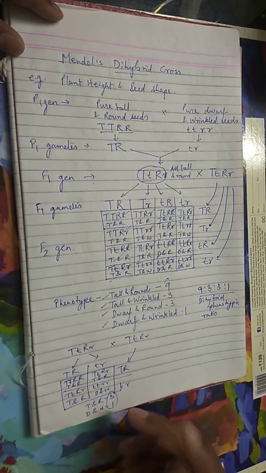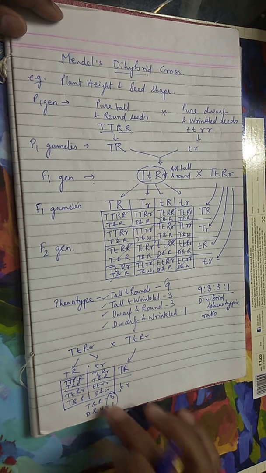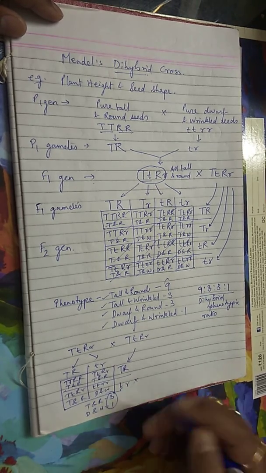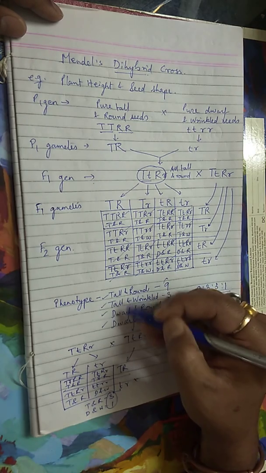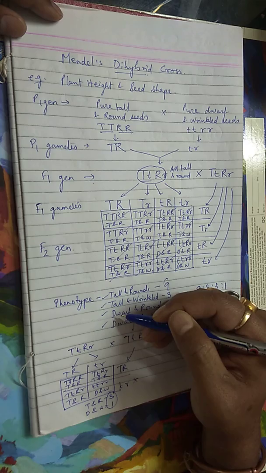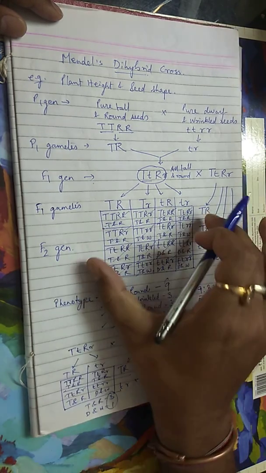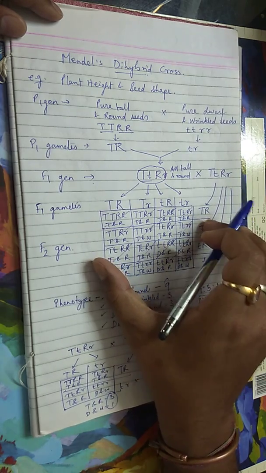So we would have got an F2 phenotypic ratio of 3:1. But this did not happen. What Mendel got was 4 types of plants, and in order to explain how 4 types of plants occur, he said that 4 types of gametes will be formed. And this is called the law of independent assortment.